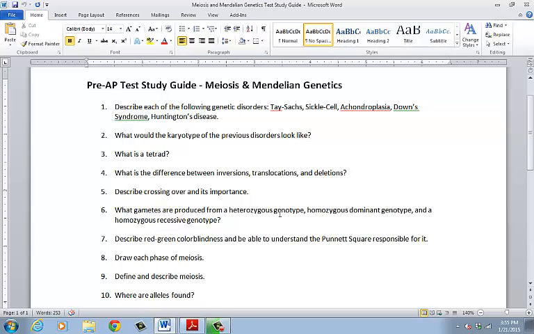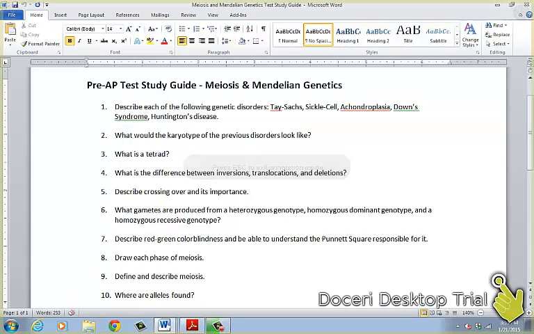So from heterozygous, one allele is going to be a capital letter, a dominant allele. The other one is going to be a lowercase allele. So with heterozygous, we're going to end up with big P, little p. So one allele's capital, one allele's lowercase.